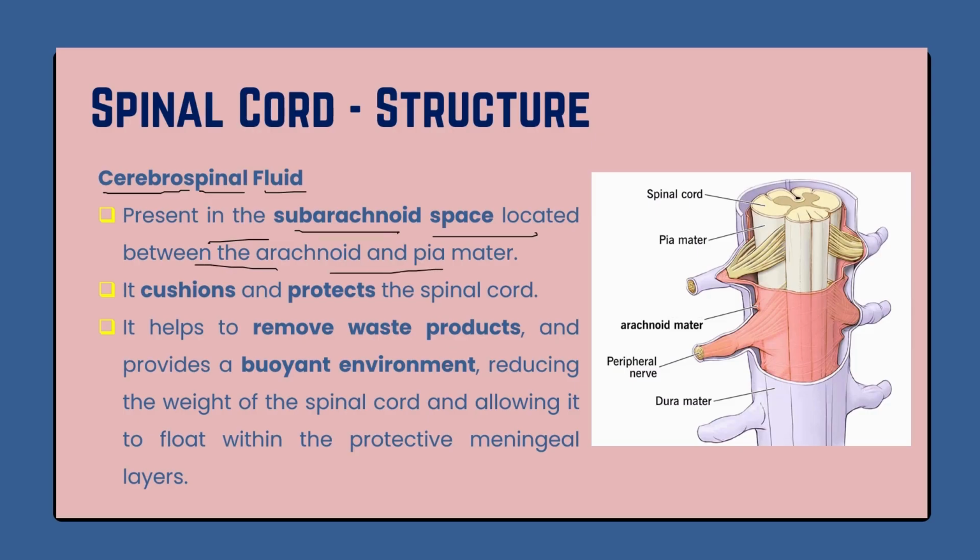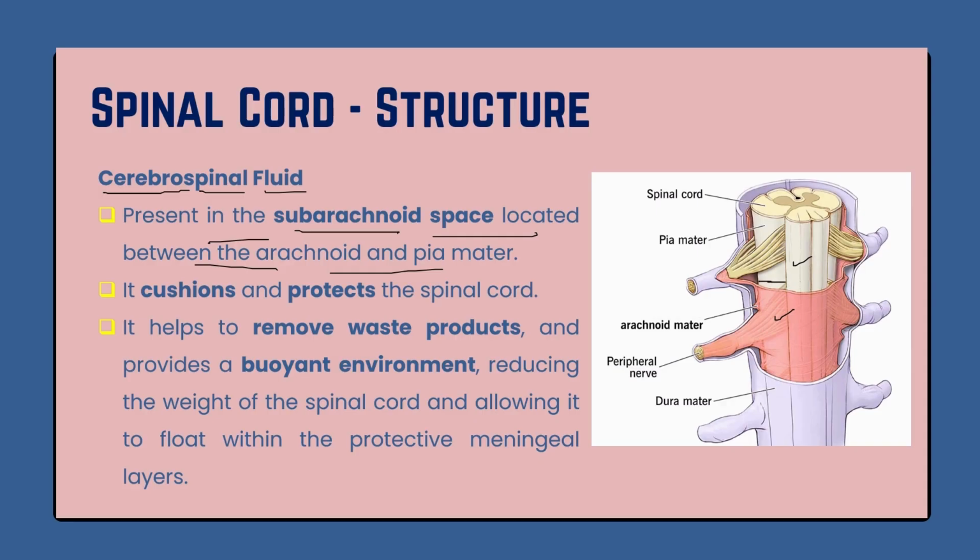So here we have the arachnoid mater, here we have the pia mater. Between these two layers, there is a space which is called the subarachnoid space. Subarachnoid space means, sub means inside. Arachnoid mater you know. So the space inside the arachnoid mater is the subarachnoid space. And in this space we have this fluid filled.